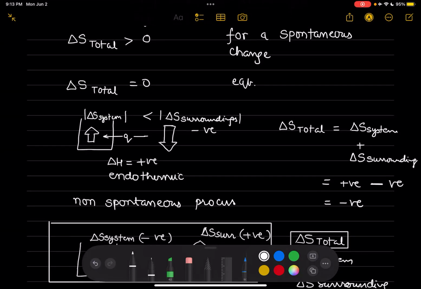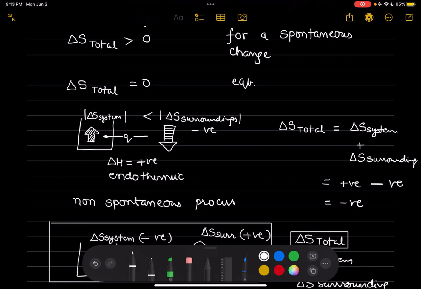We had seen total entropy is basically you need to focus on both. You need to calculate the entropy of the system and the entropy of the surroundings.